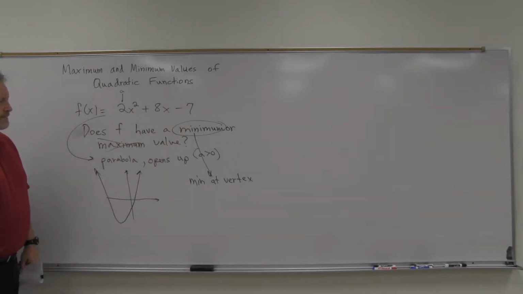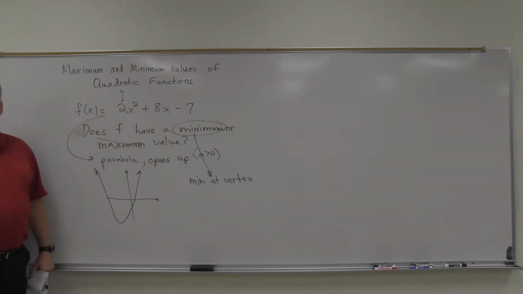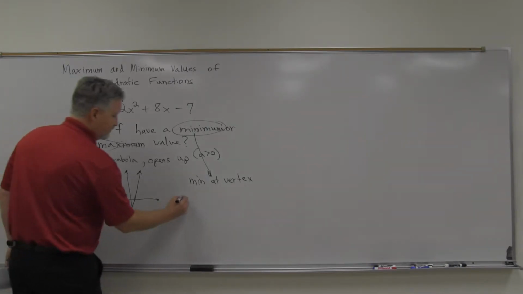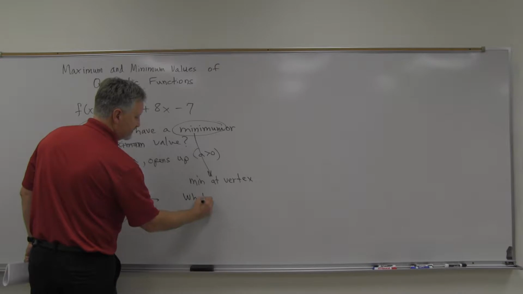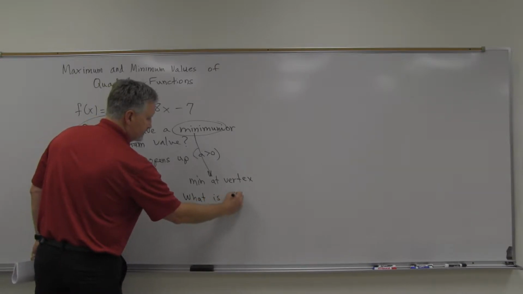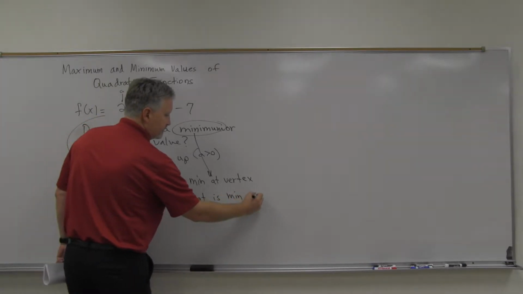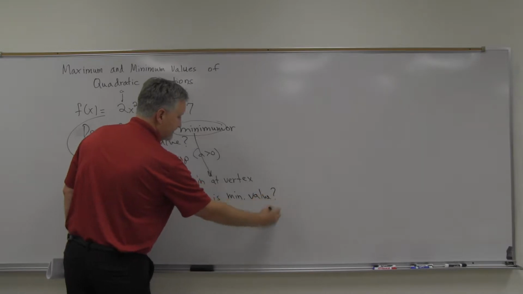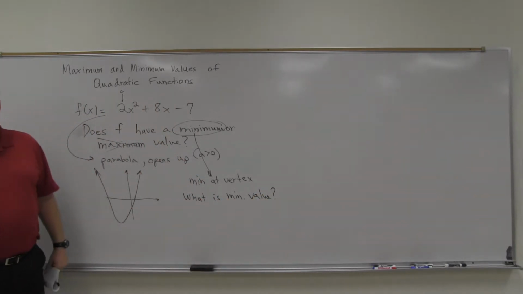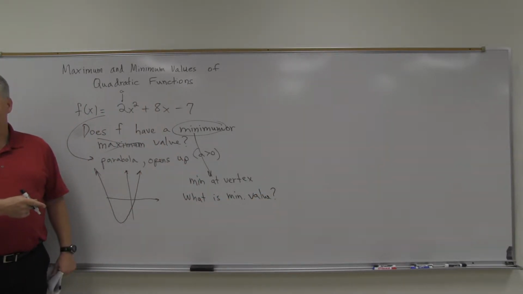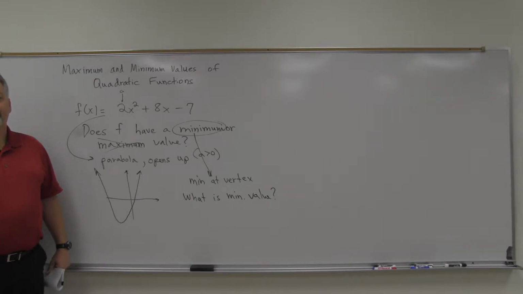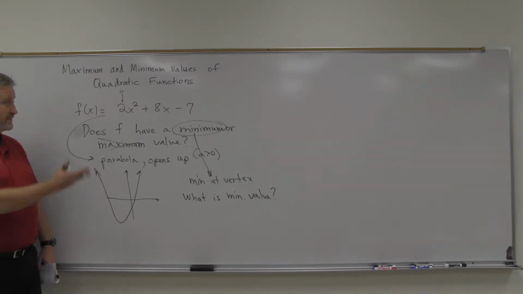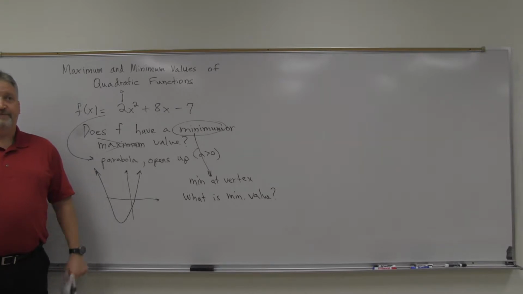Okay? And so not only could we say, yeah, it has a minimum value, but what is the minimum value? Well, since it's at the vertex, we know something about finding that vertex, don't we? Where does the vertex occur? How do we find the vertex of such a function as that? Negative b over 2a.